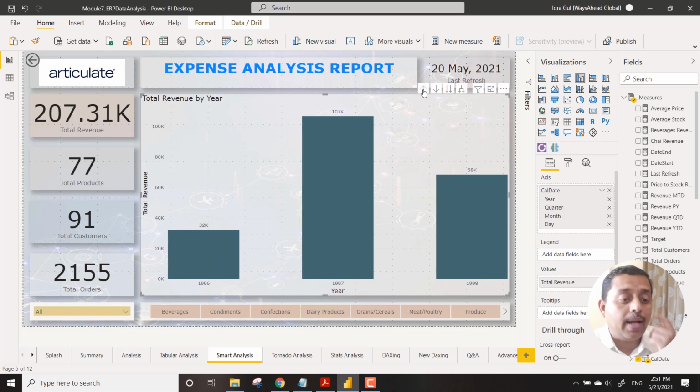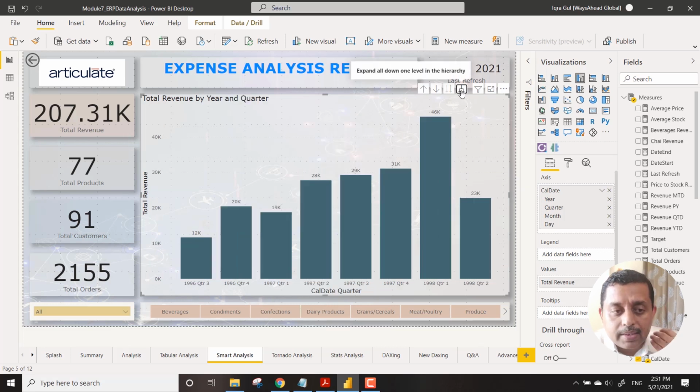Some inferences were coming into our mind: that in 1996 we had less volume of revenue, then 1997 was a very good year, and 1998 relatively less. But when we actually went inside this data, our perception changed.